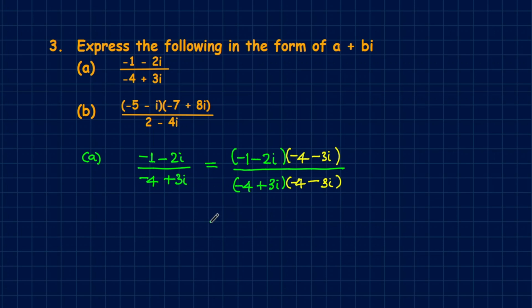So after that, we can multiply these numbers one by one, starting with here, -1 times -4, we get +4. Then -1 times -3i, we get +3i. We move to the next number, -2i times -4, we get +8i.